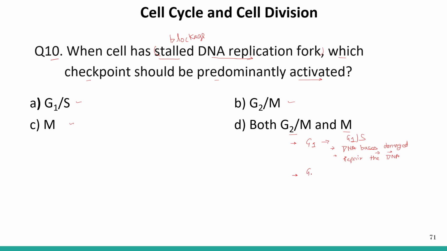Second checkpoint is the G2 checkpoint. In G2 checkpoint, what happens? It is at the transition of G2 to M phase. All right. So here, if the DNA is incompletely replicated, this checkpoint checks that.